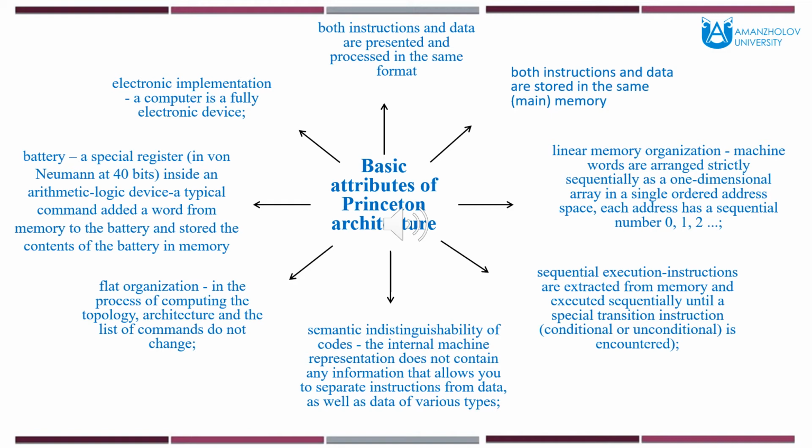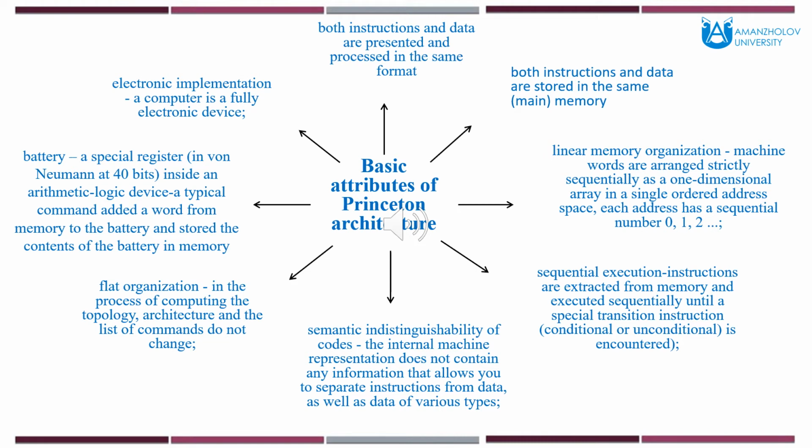A system of interrupts and priorities is required, which complicates the architecture. Basic attributes of Princeton architecture. Both instructions and data are presented and processed in the same format. Both instructions and data are stored in the same main memory. Linear memory organization. Machine words are arranged strictly sequentially as a one-dimensional array in a single ordered address space.